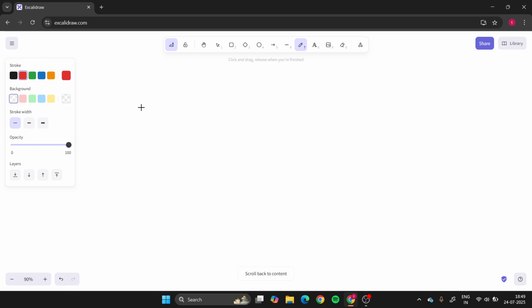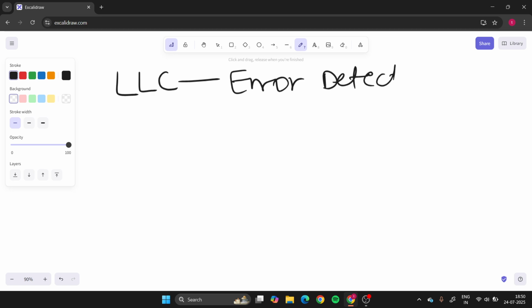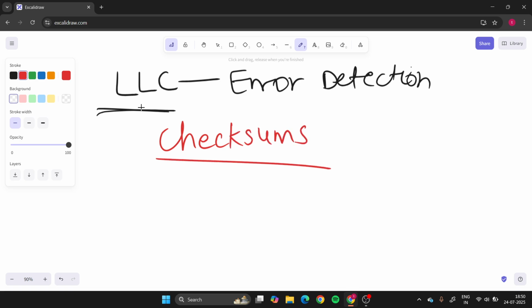Okay, so the next one is also important. The next part is done by LLC, which is called error detection. This is the third function of the data link layer, which is done by LLC this time. What it does is implement mechanisms to detect and correct errors which occur during transmission, and they include things such as checksums. There are mathematical algorithms which these checksums use, and they detect errors and correct them.